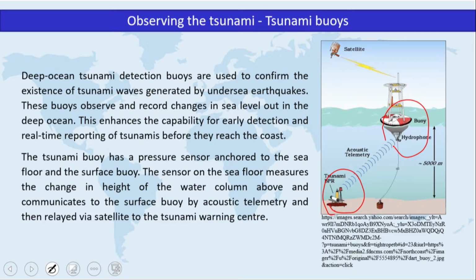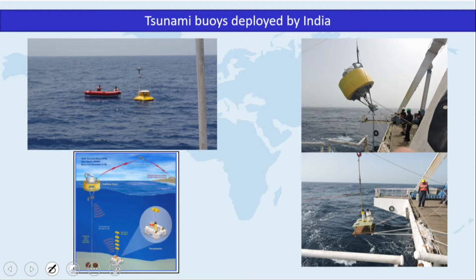So these are called tsunami buoys, and as the tsunami wave passes through, they will record that data, and via satellite we can get that information at the warning center.